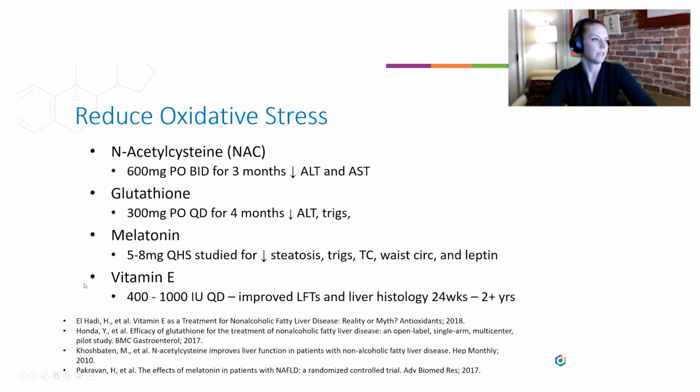And vitamin E is even used in the conventional medical world, in that 400 to 1,000 IUs kind of dosing range, even in the long-term studies of use. And they often will use it with vitamin C. So you can get some improvement in liver histology.